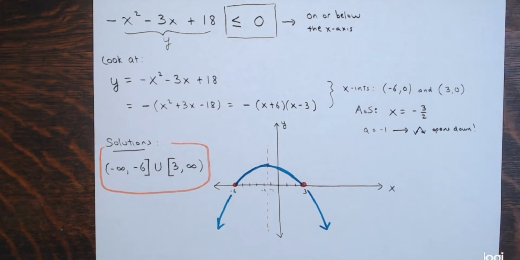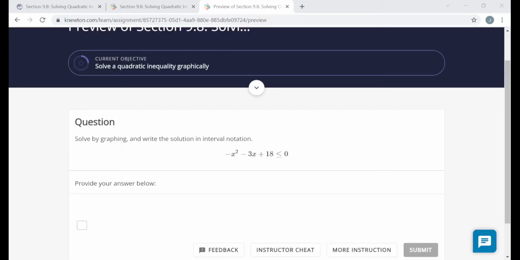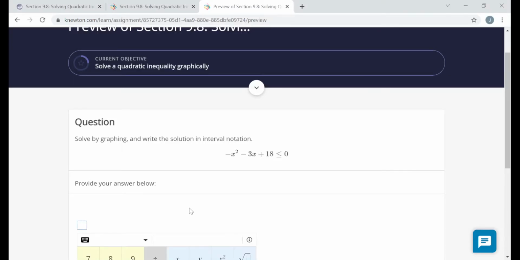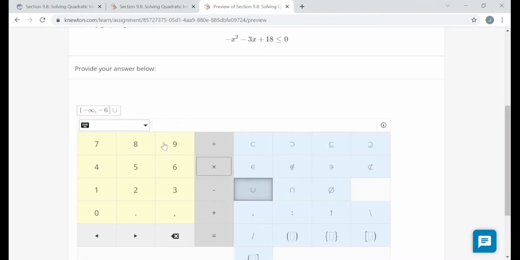So back on the assignment, that's the interval I'm going to enter. So parentheses, from negative infinity, comma, up to negative 6, and then a bracket. And the union symbol, which I need to go to sets for.